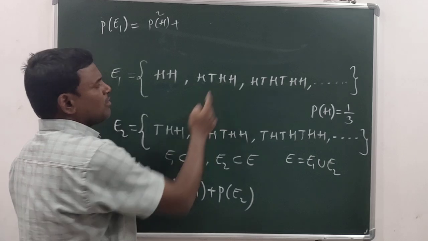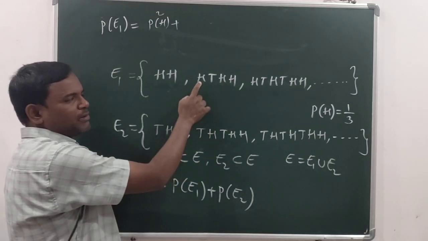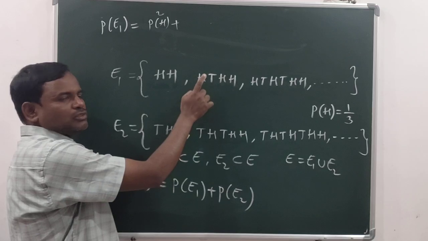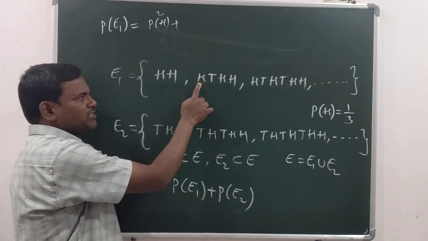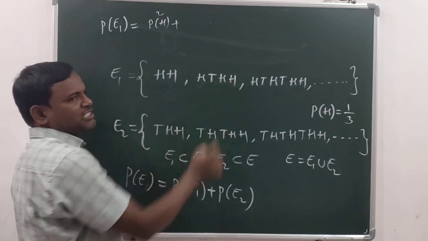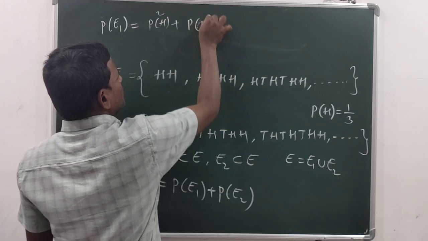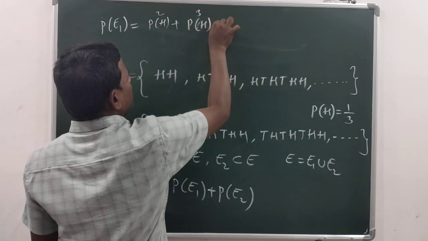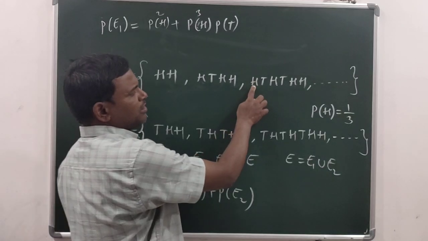Hence, okay, what you have to do? Apply that multiplication theorem over here. So that you will get here P of H into P of T into P of H into P of H. 3 H's we are getting. Hence, P of H whole cube into P of T. Now go to third one.